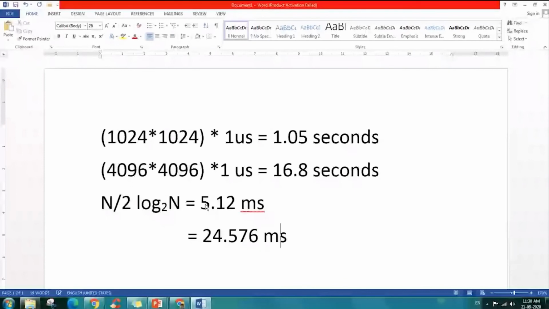Okay, so as you can see, for the first sequence of 1024, direct computation requires 1.05 seconds. In the second case, you require 16.8 seconds. But when you perform the DIT FFT, you are getting the time in the millisecond range, that is 5.12 and 24.57. So this much reduction we get when we apply the DIT FFT algorithm.